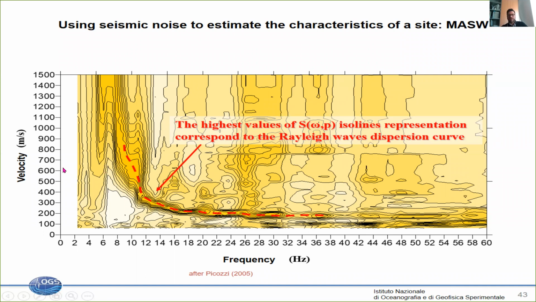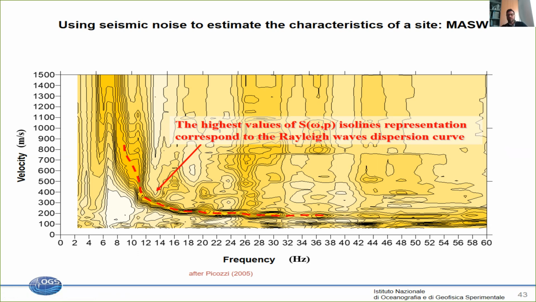We said that the depth of investigation is nearly the wavelength divided by 2. So if I make a rough calculation, 600 meters per second divided by 10 Hertz is 60 meters, divided by 2, so with this analysis I can investigate down to 30 meters. If I look in the high frequency range, we are around 200 meters per second, let's say at 40 Hertz.